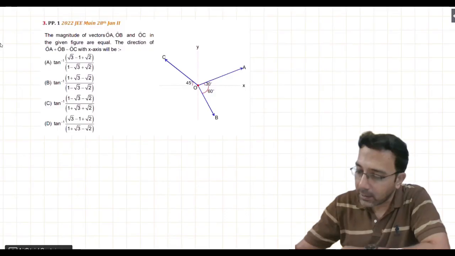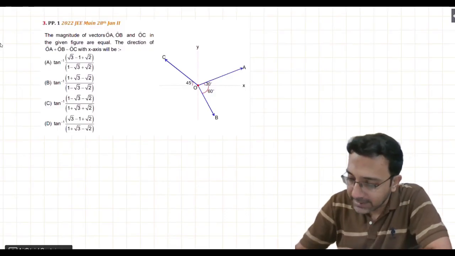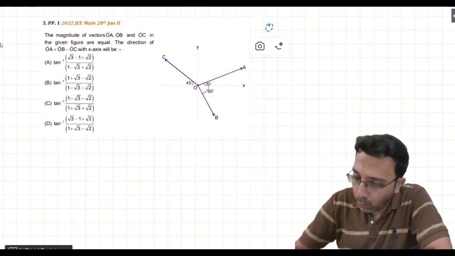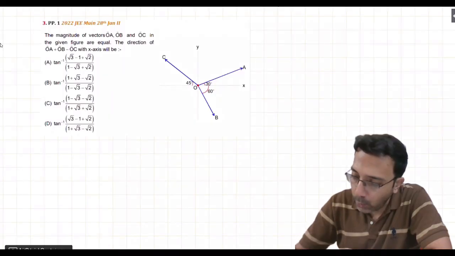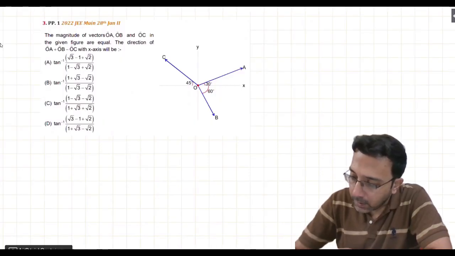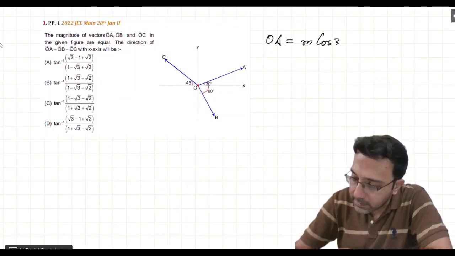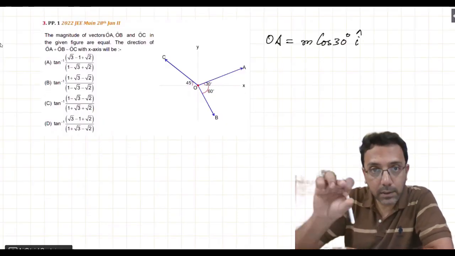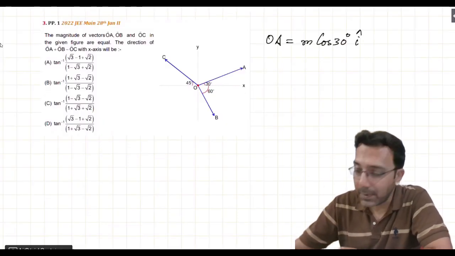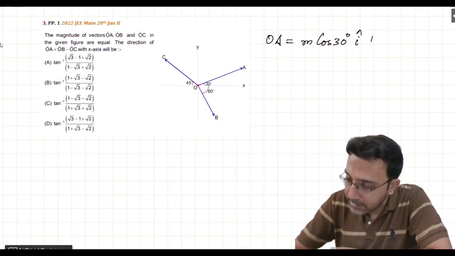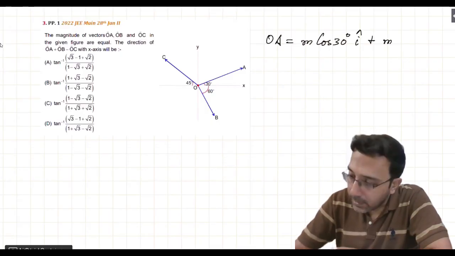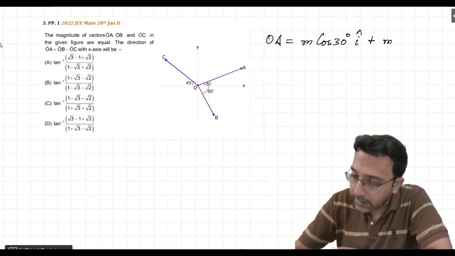If I start to break it down, OA becomes m cos 30 degree i, cos 30 degree is along the positive x-axis, that is why plus m sin 30 degree j.